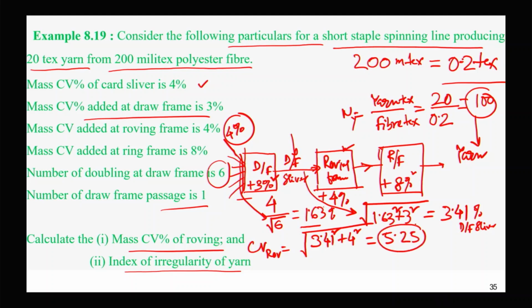So we can observe that gradually the CV% is increasing. This is the 5.25%.